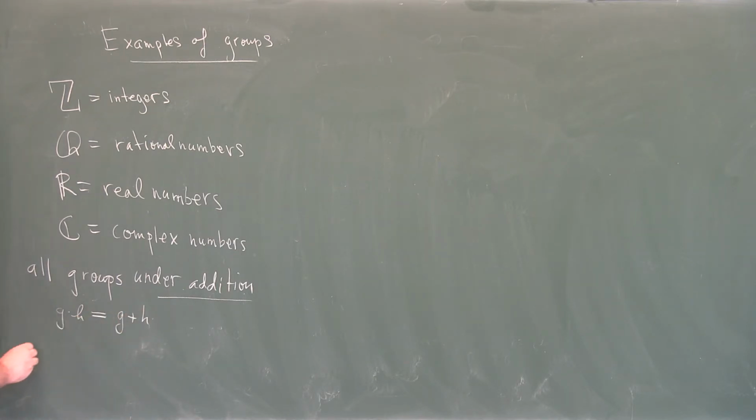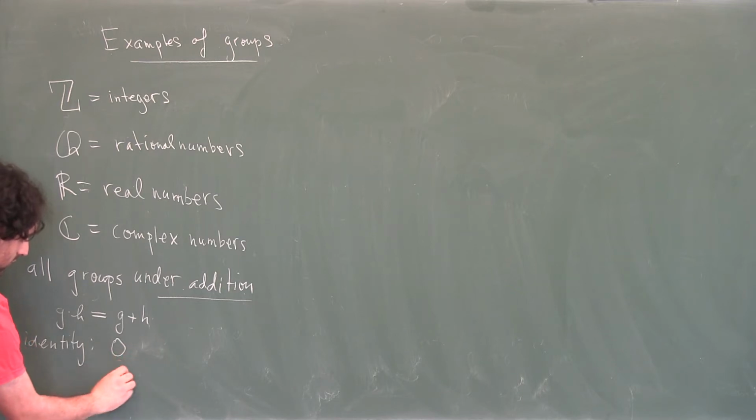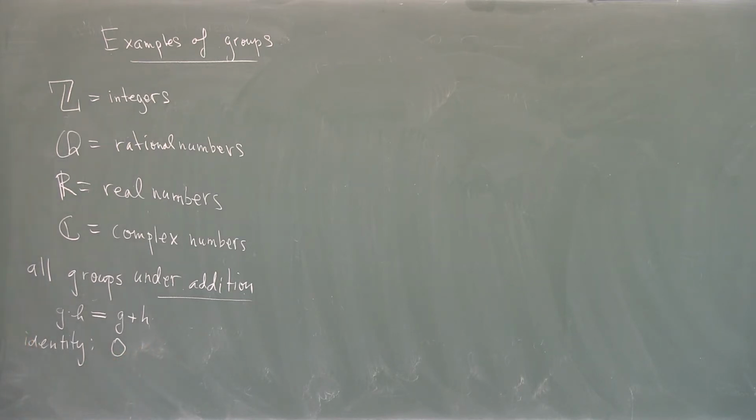And in all of these cases, the identity is just the zero, the number 0. Okay, and what is the inverse?